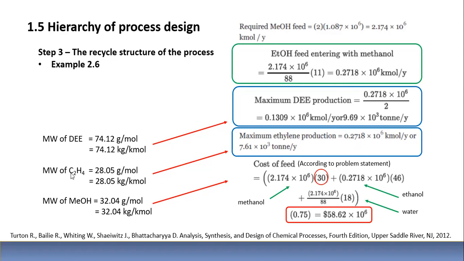And ethylene has a molecular weight of 28.05 to multiply times this amount of kilomoles per year. That would represent 7.61 times 10 to the 3 tons per year.